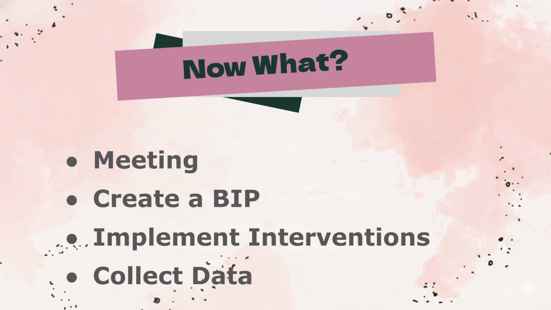They're going to put them in place and make sure everybody knows and understands what should be done, from modifying the environment to teaching replacement behaviors and changing responses. And finally, you're going to collect data or continue to collect data. The importance of data is to see whether or not the interventions that were put into place are working.